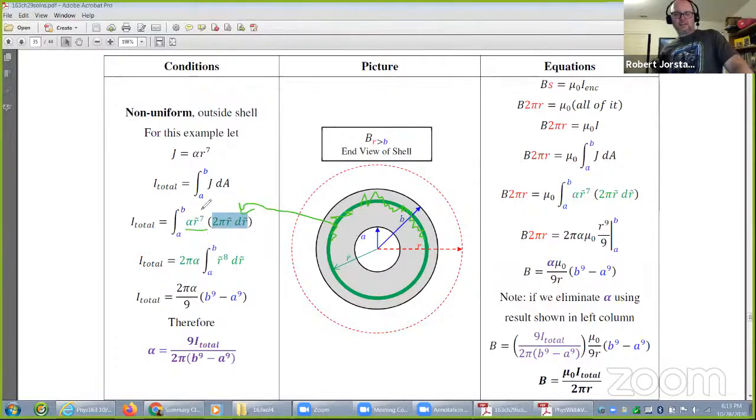There's my density, and notice I change it to R twiddle because I want the current density at this particular radius times the area at that particular radius, and then I'm going to do all of those. And then in this case, because I'm doing the total current, I'm going to use the total limits from A all the way out to B. Let's keep plugging along.